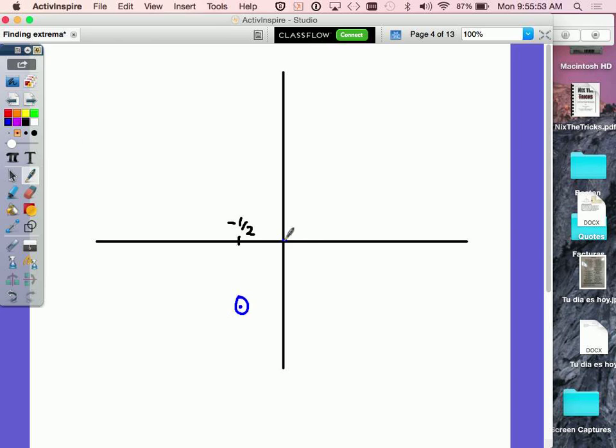I know that I have a vertical tangent here at the origin, so it's going straight up there. And so from this, I can draw the rest of the function. Vertical tangent there, going out like that.